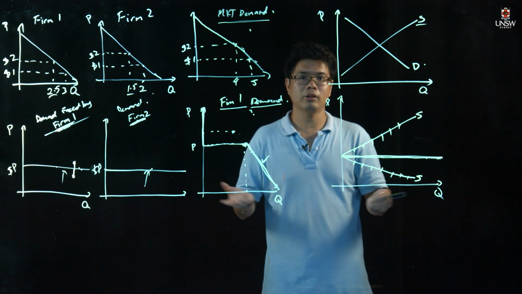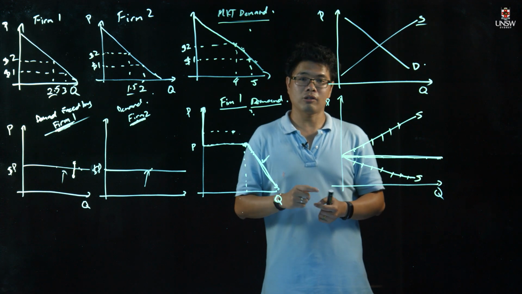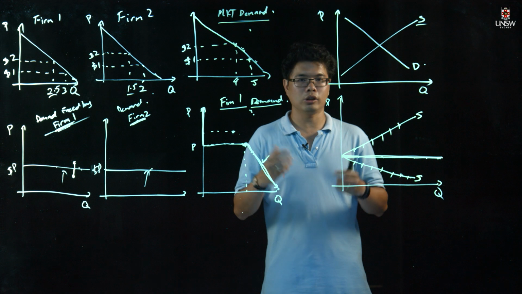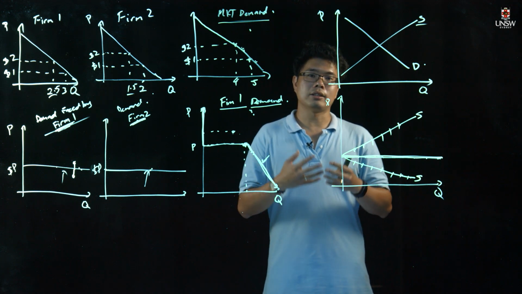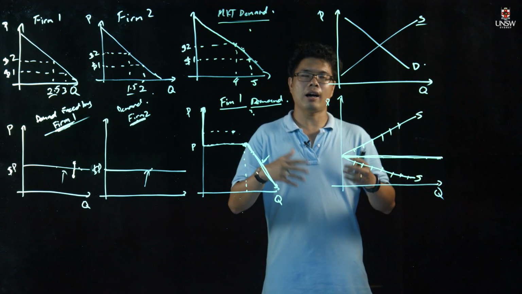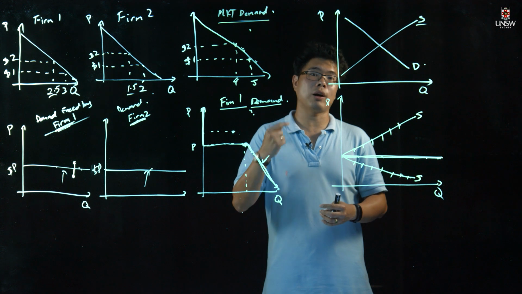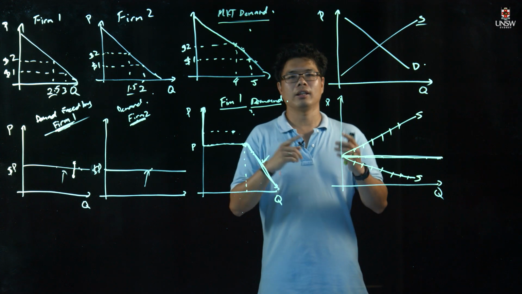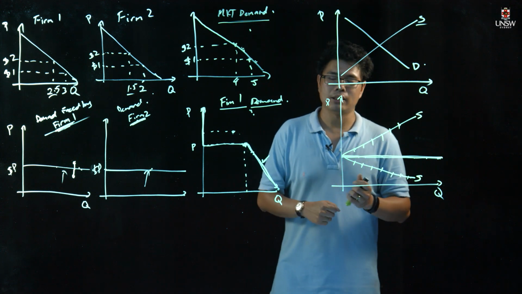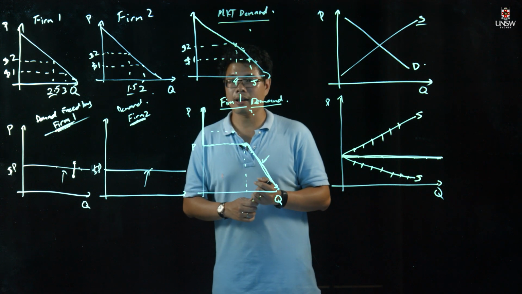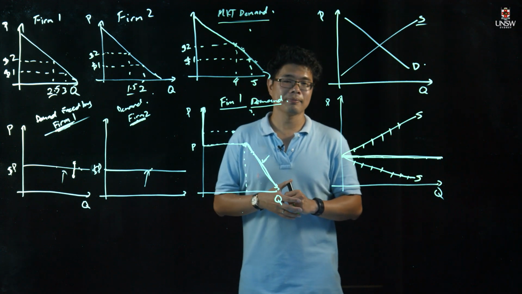Remember, short run means that there is at least one factor of production that is fixed. In the long run, all factors of production are variable. So just be aware of that. It's very, very important. And these were the couple of things which I really wanted to emphasize.